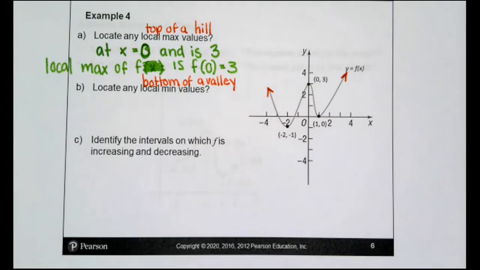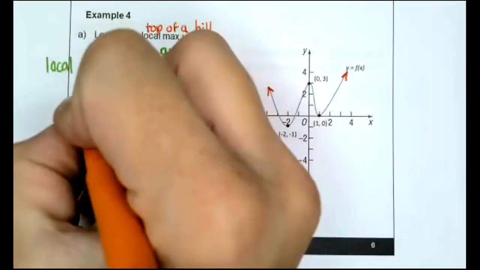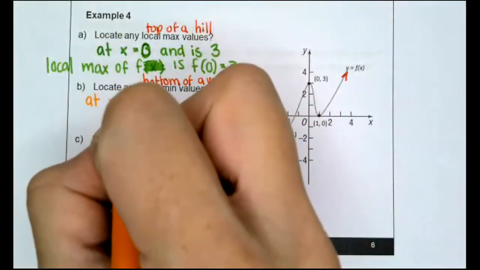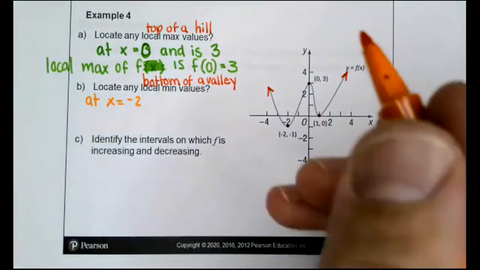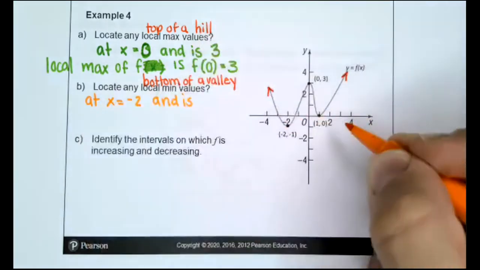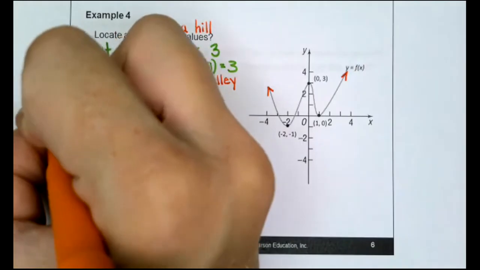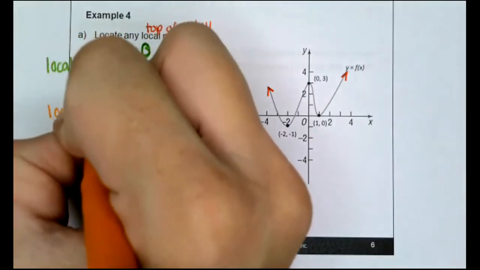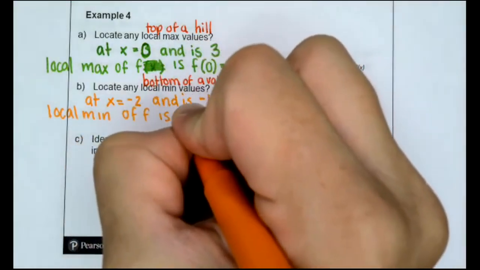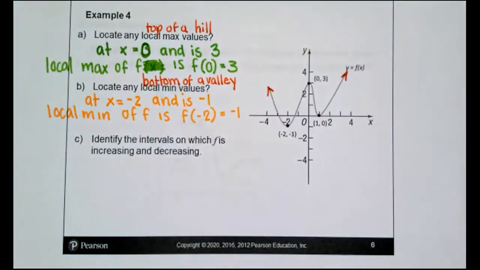Local min values, the bottom of the valley, right? So we would say it's at x equals -2 and is -1, or the local min of f is f of -2 equals -1.